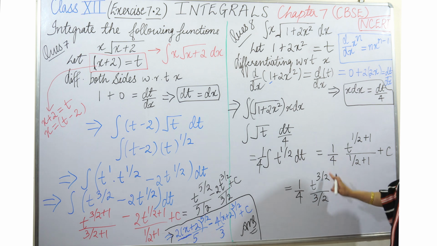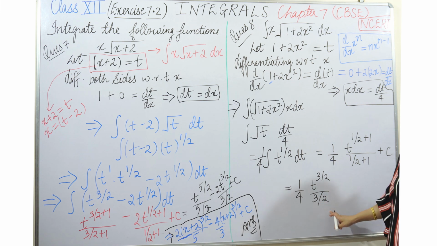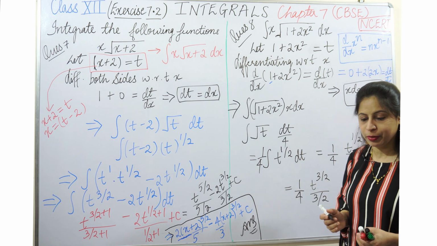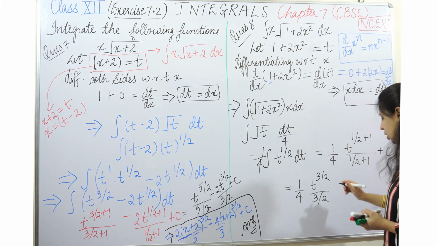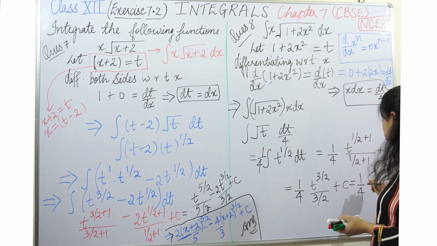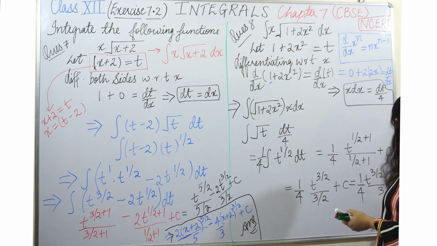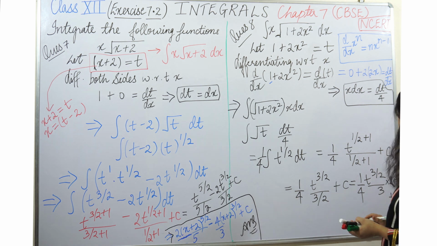This 2 will go upwards when t to the power 3 by 2 is divided by 3 by 2; when it gets multiplied, it will be reciprocated. Plus c. So it will be 1 upon 4 t to the power 3 by 2 into 2 upon 3 plus c. Okay, so this will get cancelled. 2 ones are 2, 2 twos are 4.